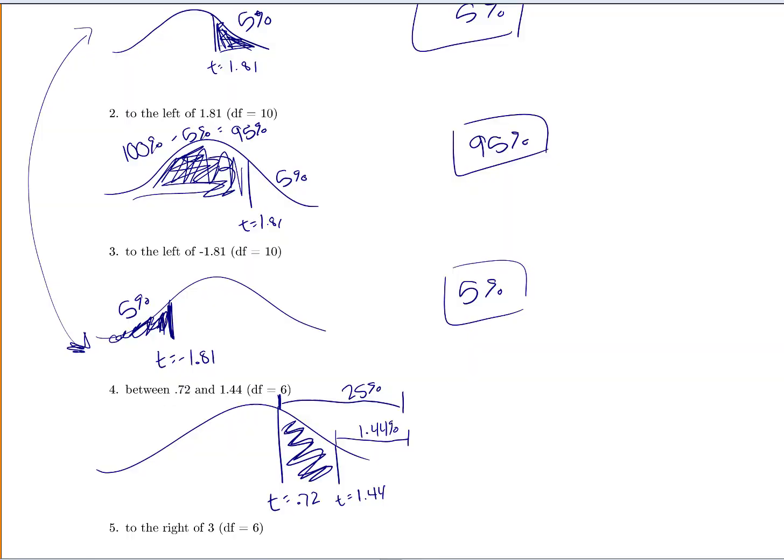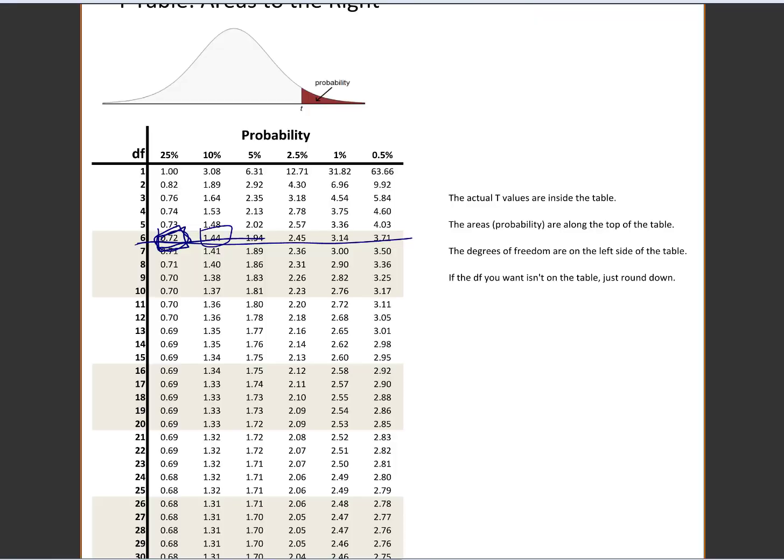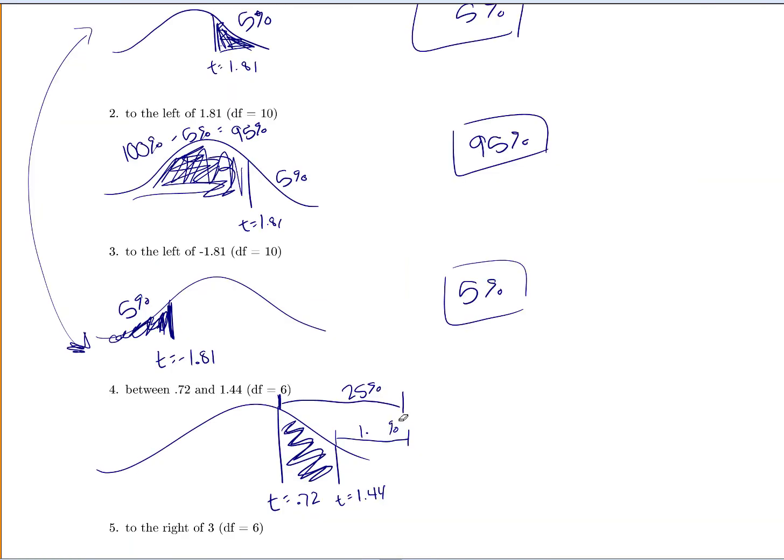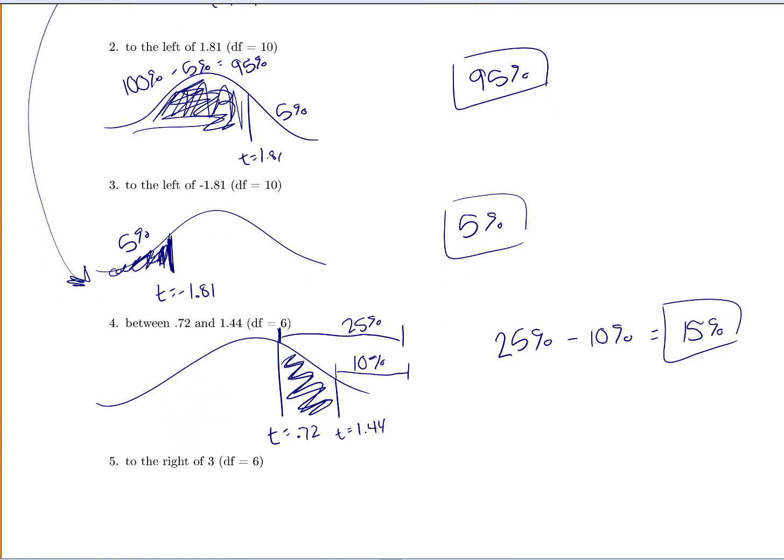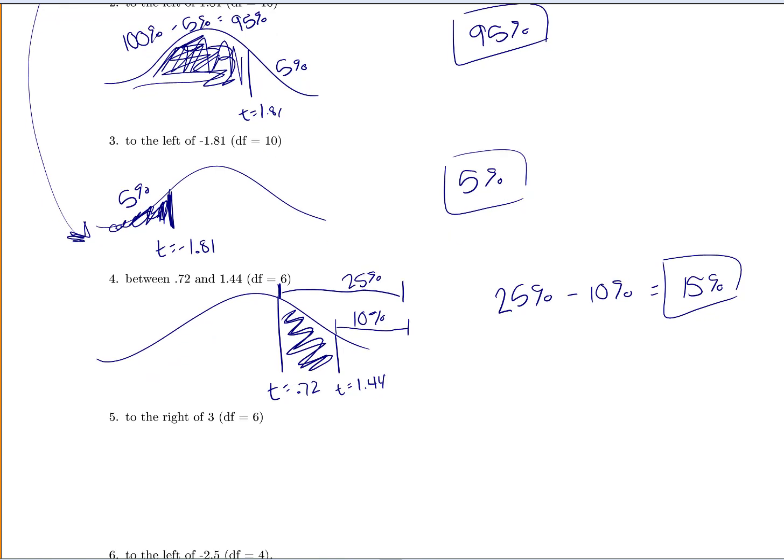Sorry, that's 10%. So the area from here all the way over is 25%, from here over is 10%, so to find the area in the middle we have to subtract. 25% minus 10% equals 15%. So we're using all of our tricks from our z tables. It's just that now we have to remember that everything is to the right, and there are a few extra things, but we use all the same tricks.